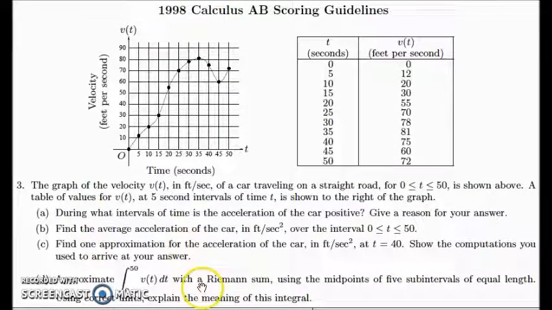This question has to do with acceleration mostly. And so these questions are good examples of College Board questions that also have to do with velocity and acceleration. Hope that's helpful.